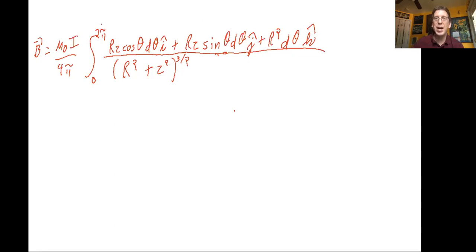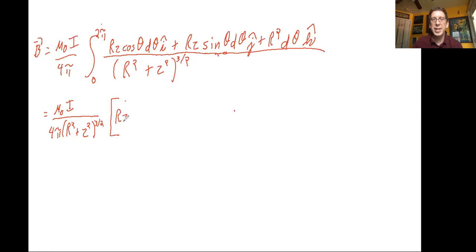So again, these terms cancel out. So I'll break it up into 3 so you can see what's going on. So you have mu naught I over 4 pi, and we'll include the R squared plus c squared to the 3/2 power. And we'll break it up into 3 integrals.